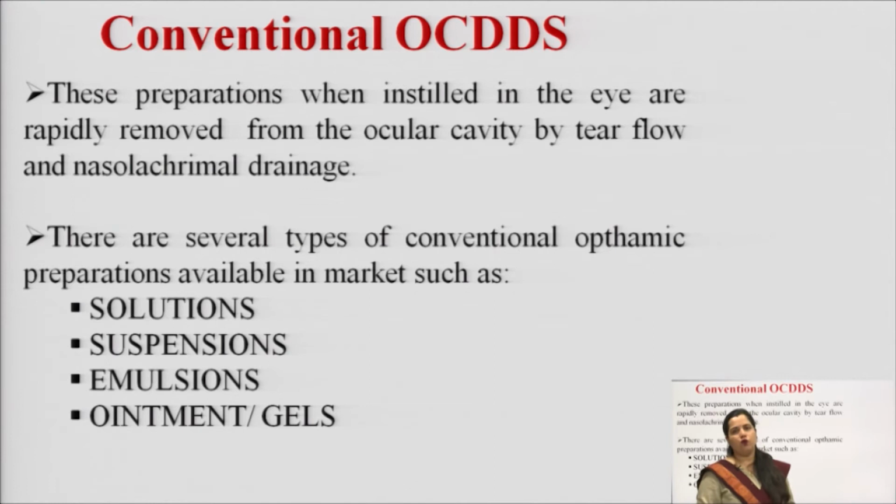First, we will talk about the conventional ocular drug delivery system. These preparations, when instilled in the eye, are rapidly removed from the ocular cavity by tear flow and nasolacrimal drainage. This is the main point. We need to develop an alternate therapy to overcome this problem, as through these conventional preparations the percentage of drug absorbed within the eye is very low.